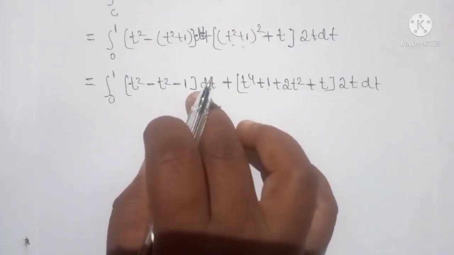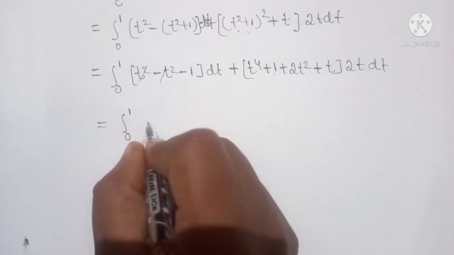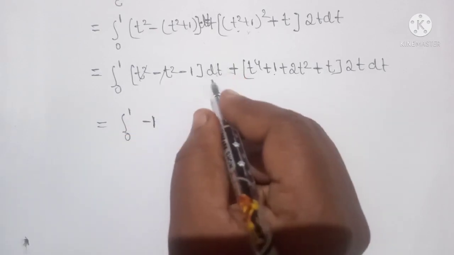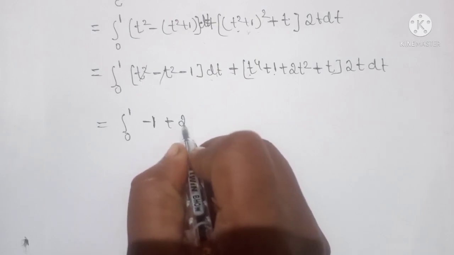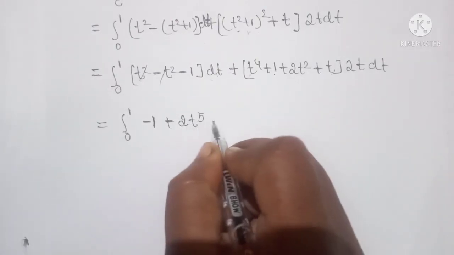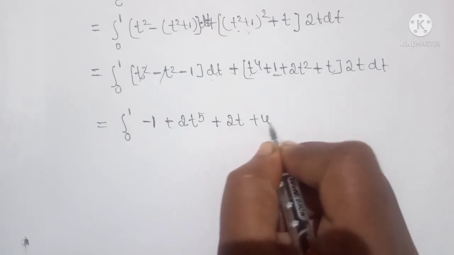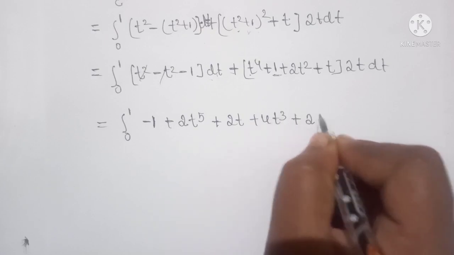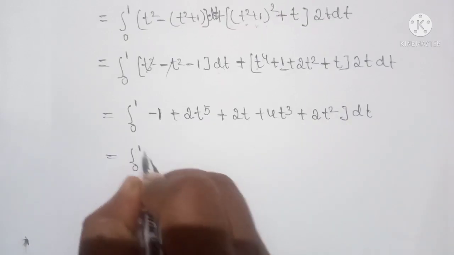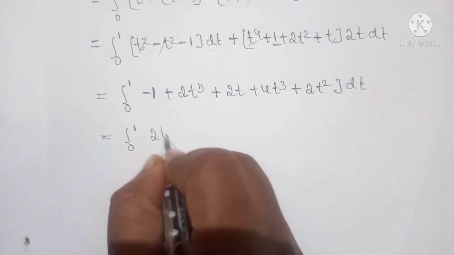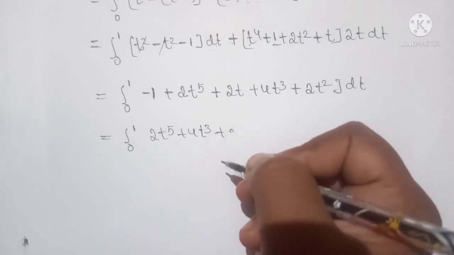Okay, so in the next step we take the t common. Here t square cancels, we get 0 to 1, so minus 1 here. So this dt we write later on. So plus 2 into t power 4, 2t into t power 4 is t power 5, plus this 1 into 2t is equal to 2t, plus 2 into 2 4t cube, plus 2t square into dt, or it can be written as 2t power 5 plus 4t cube plus, or we can directly simplify this one.